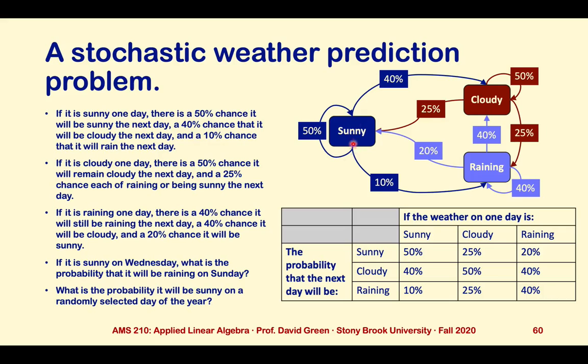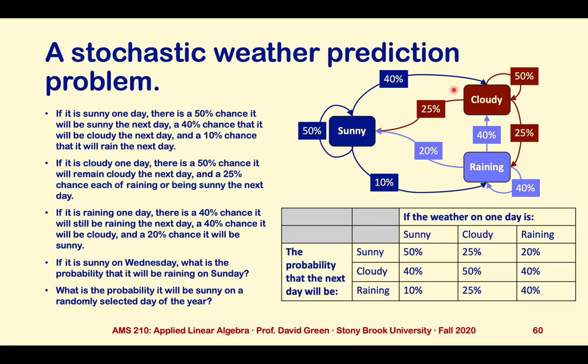We represent this by an arrow going back from sunny to itself, labeled 50%. There's a 40% chance that if it's sunny, it becomes cloudy, so we have an arrow from sunny to cloudy with 40%, and a 10% chance that if it's sunny, it becomes rainy, so we have the arrow from sunny to raining with 10%.